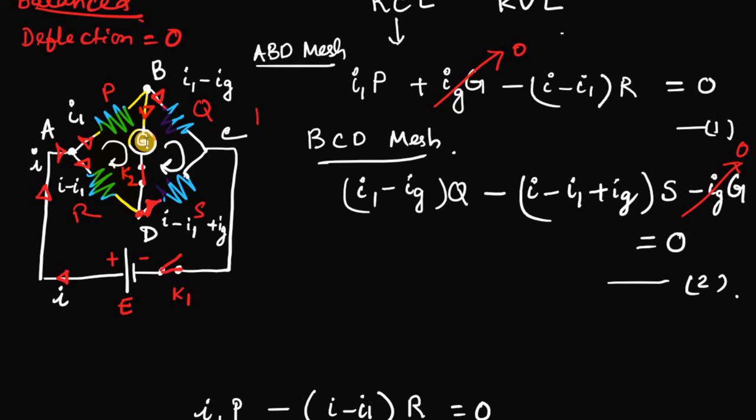Now there are also many applications of the Wheatstone principle which I would like to share with you. It may so happen that we need to apply it somewhere where we need balance, where we want to reach zero deflection on the galvanometer.